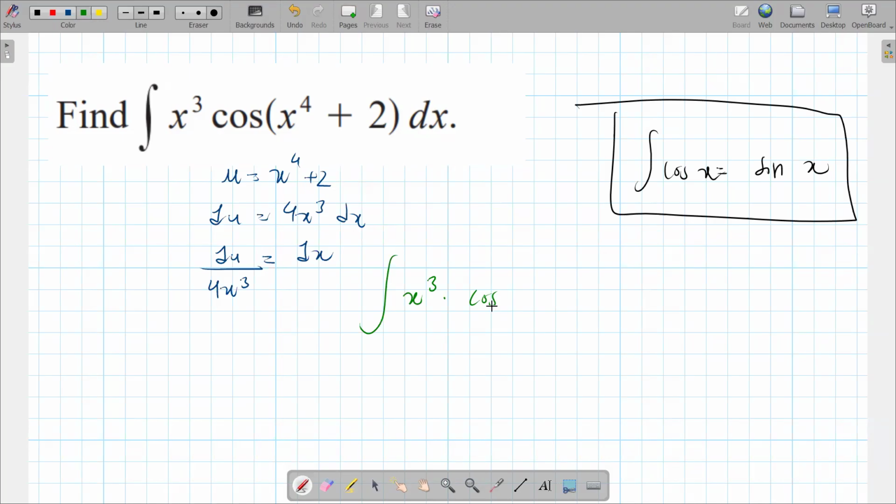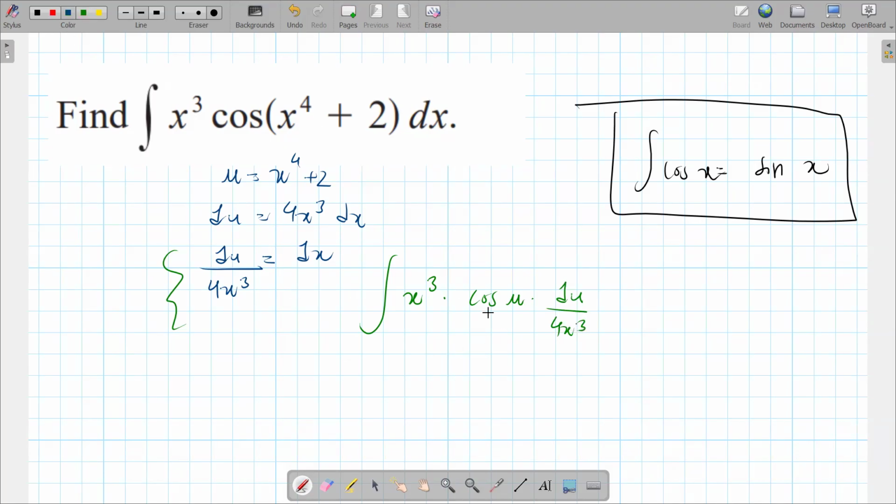Remember, we're just doing a substitution, so we're replacing that entire bracket with the letter u. And what do we replace dx with? With du over 4x cubed.